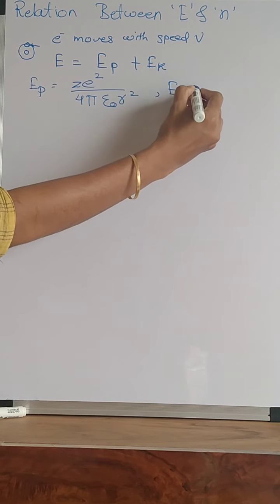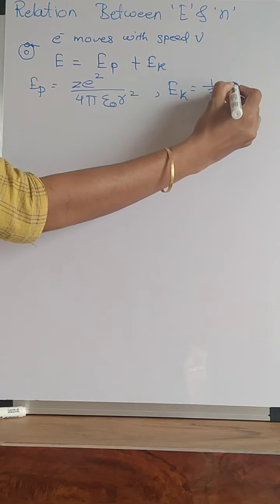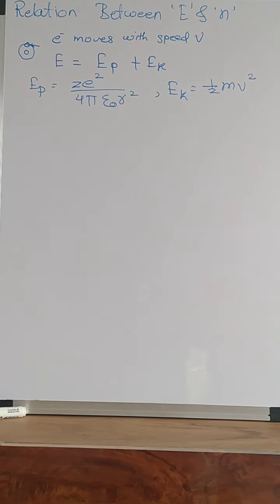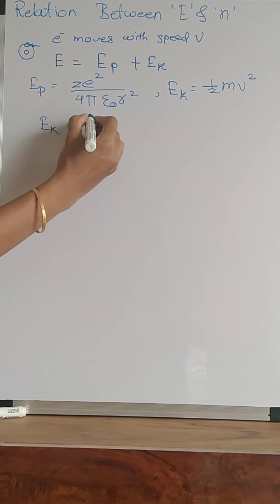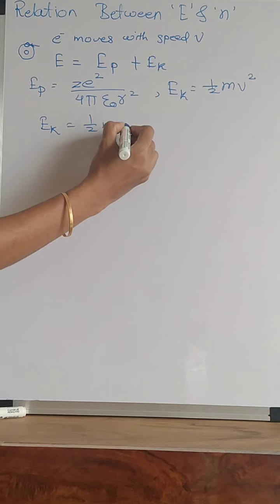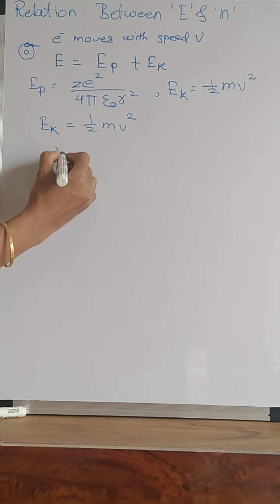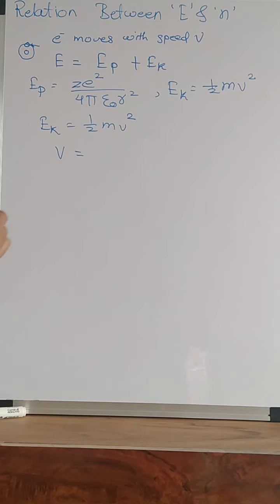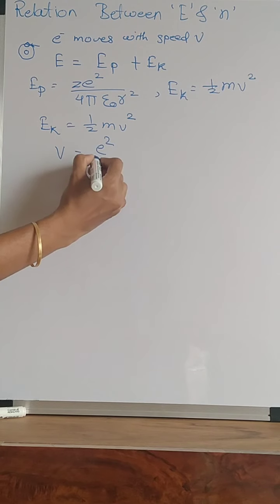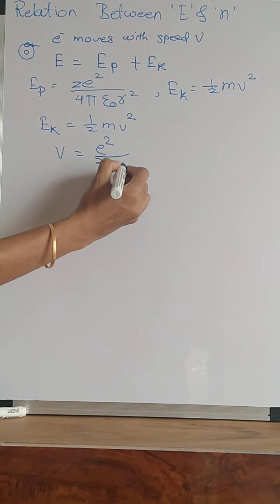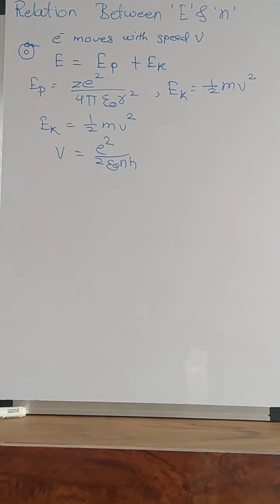Now, what is kinetic energy? Kinetic energy is nothing but half mv square. First, we will find out the kinetic energy. Kinetic energy is given by half mv square. The value of v is nothing but e square upon 2 epsilon naught nh.